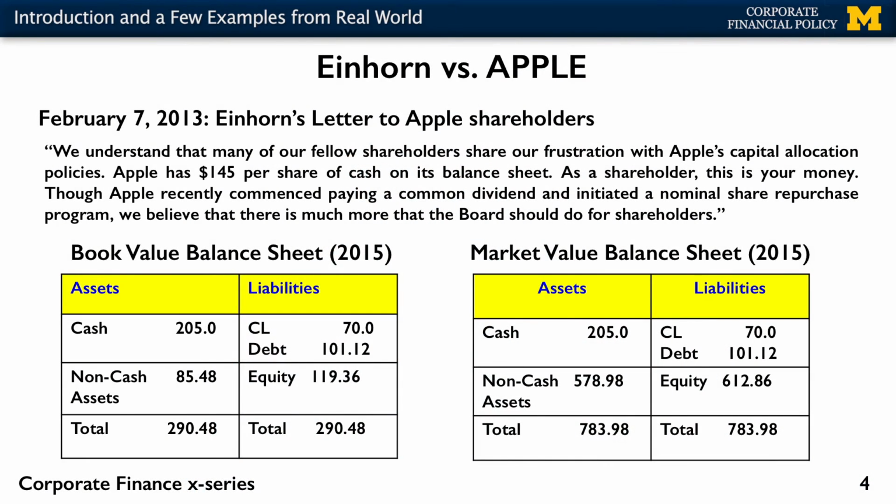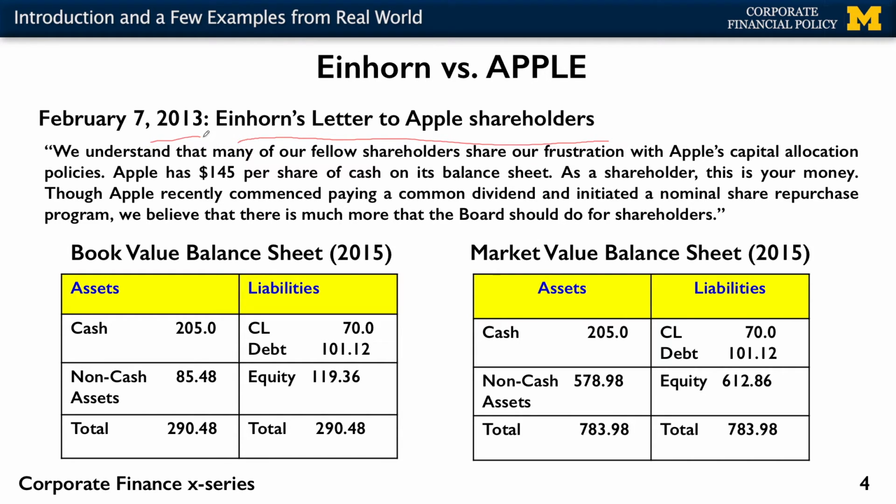Investors who take a position in a company's stock, and then try to influence the policy of the company, either by direct intervention in the management or by encouraging management to do certain things. So there has been some interesting back and forth between Einhorn, an activist shareholder, and Apple. And here I'm reading something from just a part of Einhorn's letter to Apple shareholders way back in 2013.